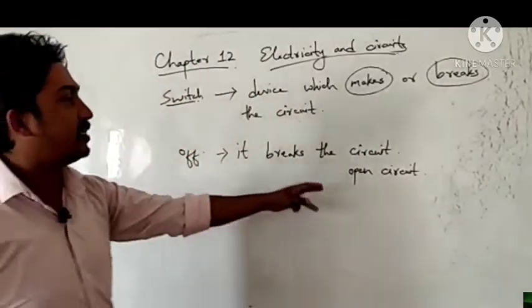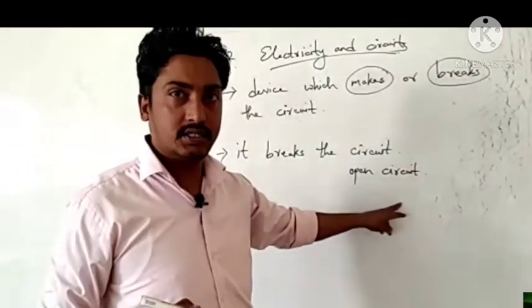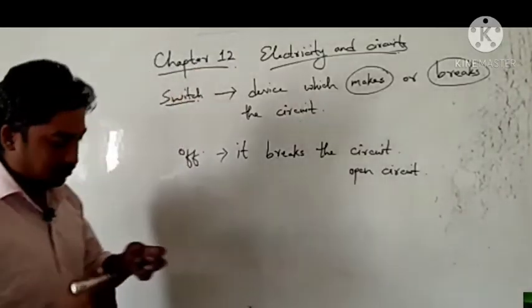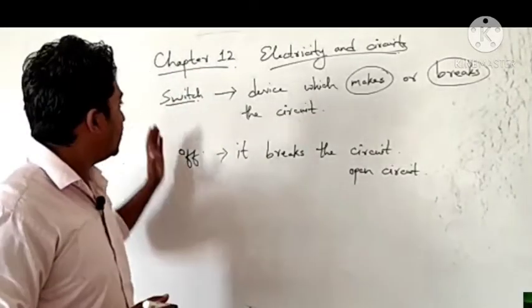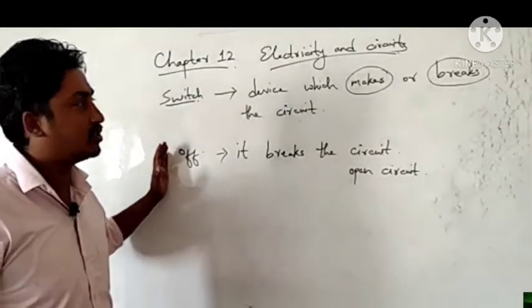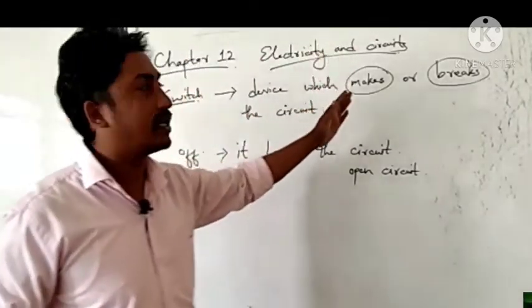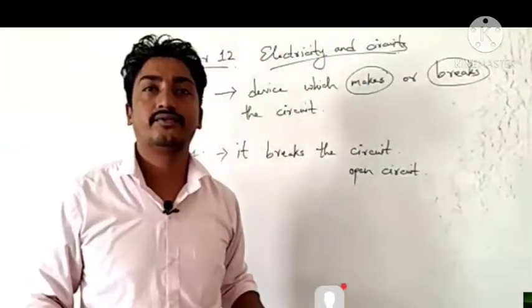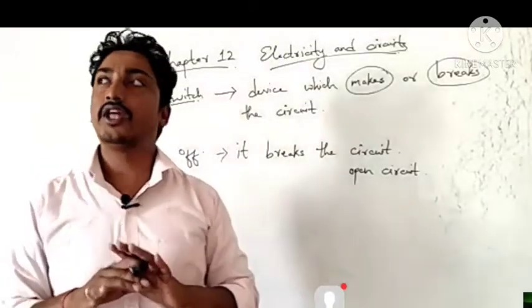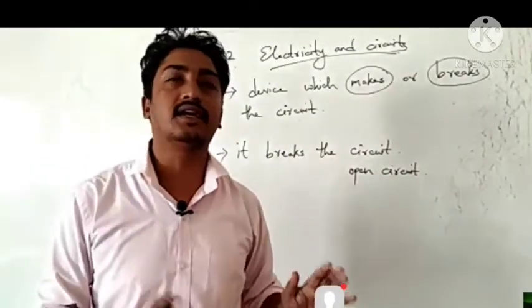Mean to say that when the switch is in off position, the flow of electric current in a circuit is cut off. So there will be no function of any electric components.